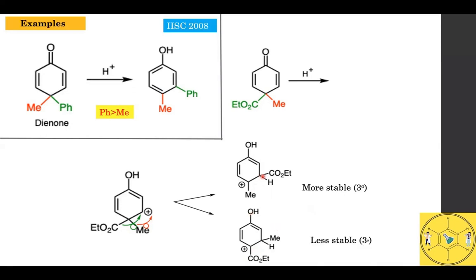So you will get this corresponding phenolic compound. In general, we can say an electron withdrawing group gets more priority compared to an electron donating group in order of migration.